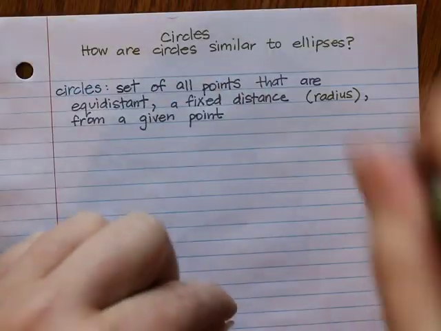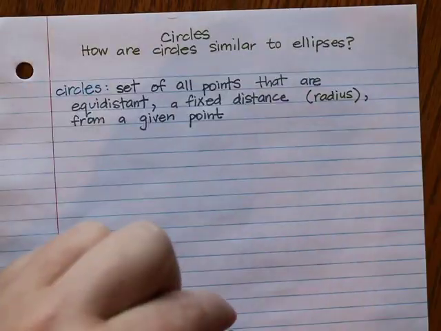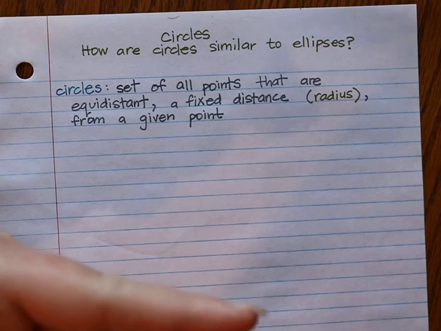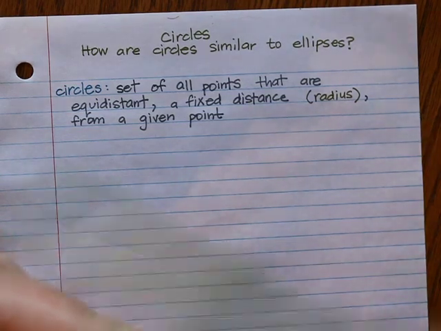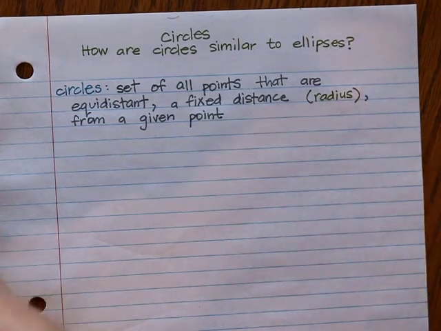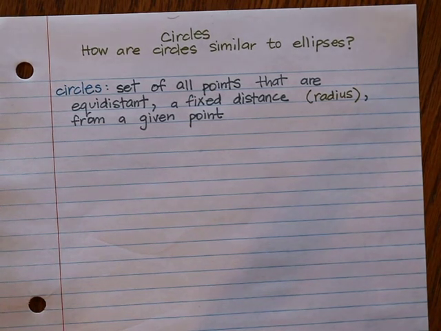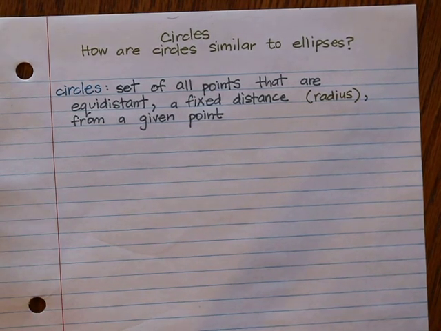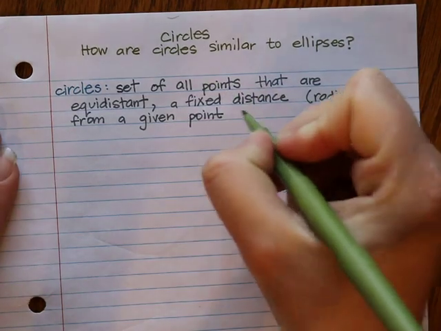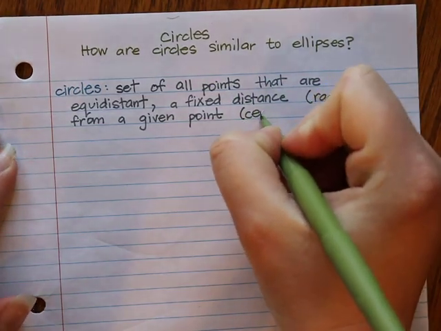We would just say circles going around in 2D. If we decided that we were going to let ourselves live in 3D, then we would get a sphere. That's the same definition, set of all points that are equidistant, a fixed distance from a given point in space would be a sphere. And we're not in space today, we're just living on flat paper.